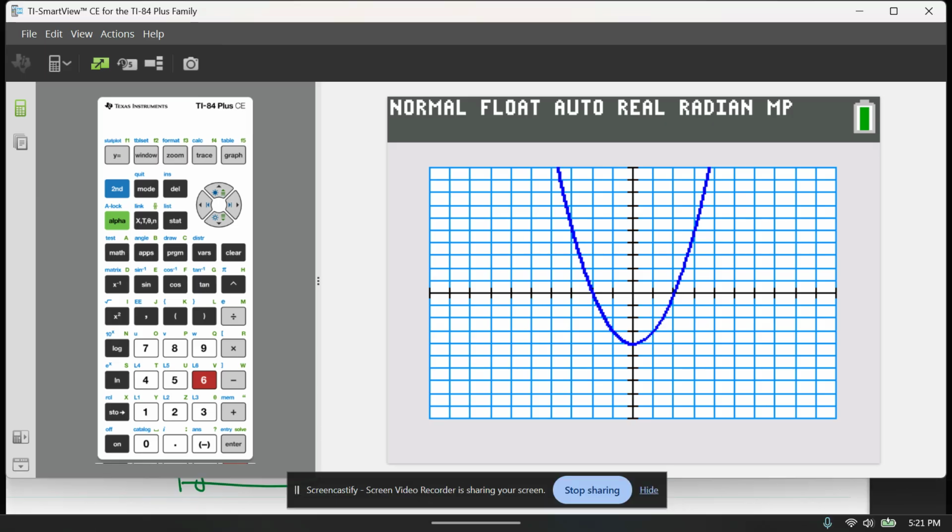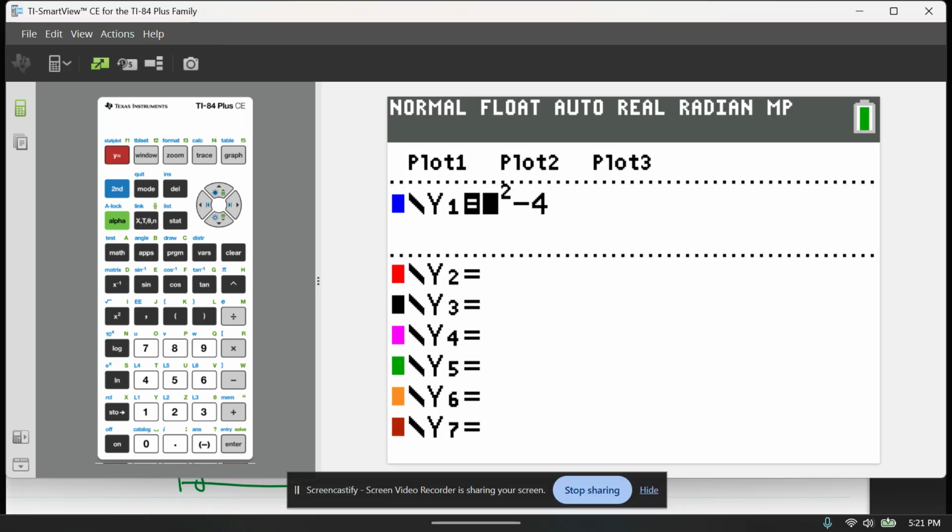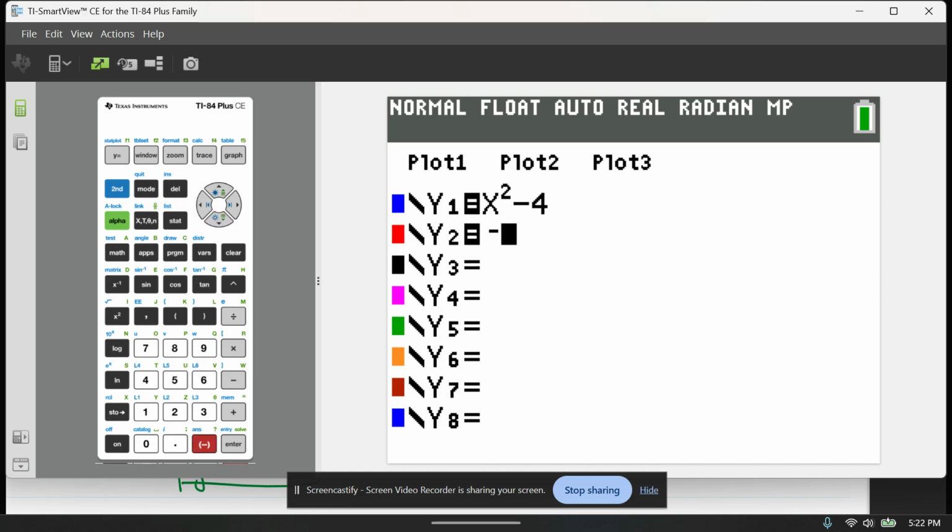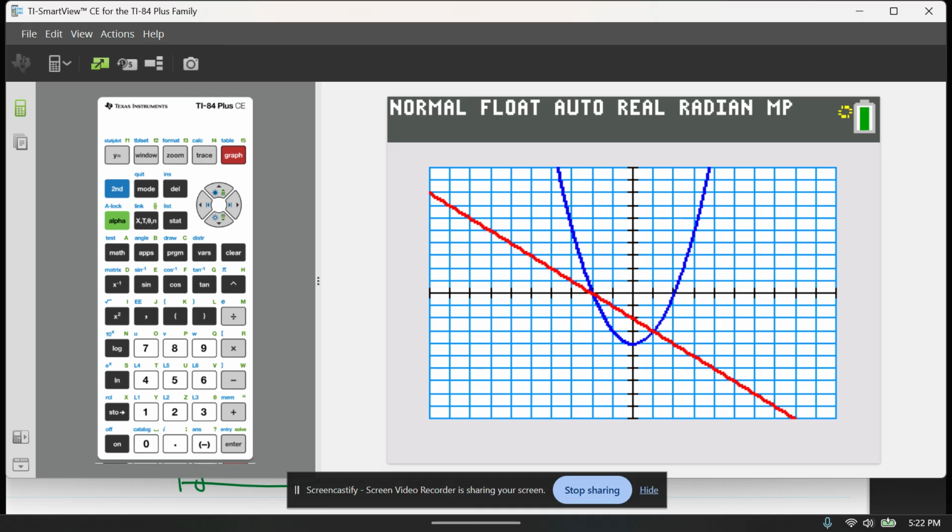I'm going to graph that. So I'm going to go to my calculator and we'll hit y equals negative x minus 2. Hit graph. All right. Now, do we see them crossing in two places? Yes. Now, here's where we have to get the calculator to tell us where those are.